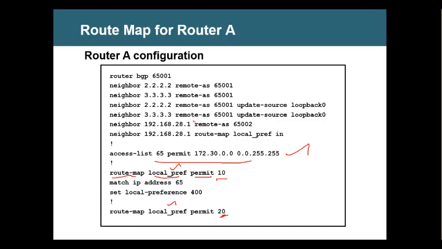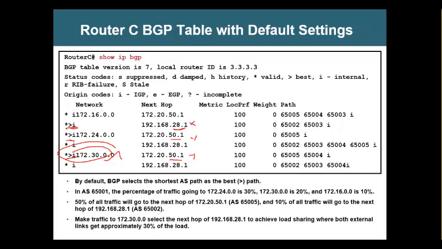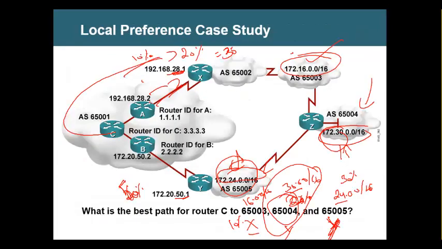So here what I do is I call the access list, and I set local preference 400. I do it on router A. I go to router A and I set 400 as a local preference if the prefix is 172.30.